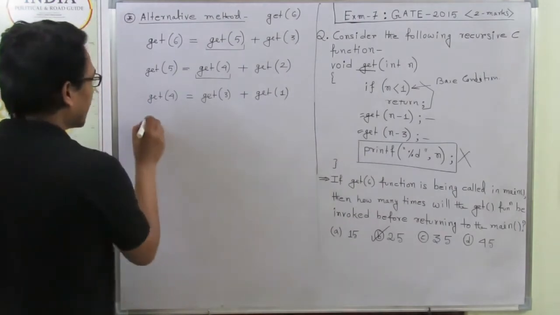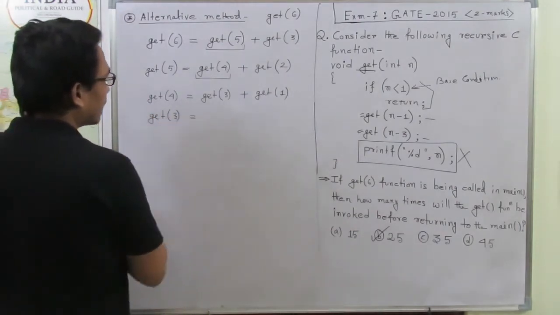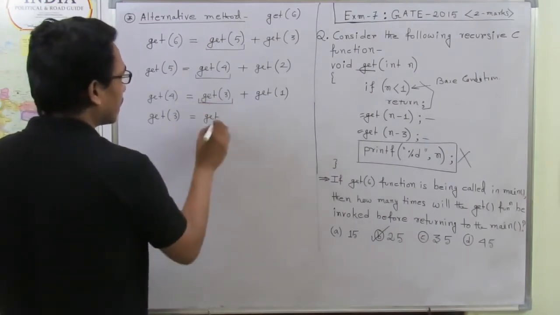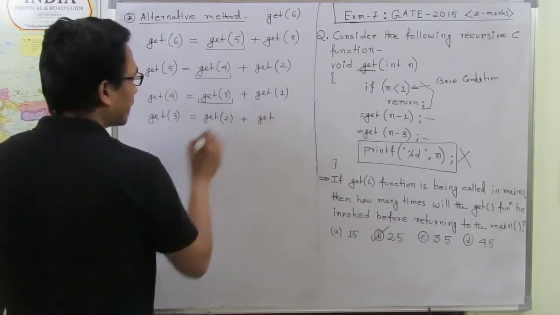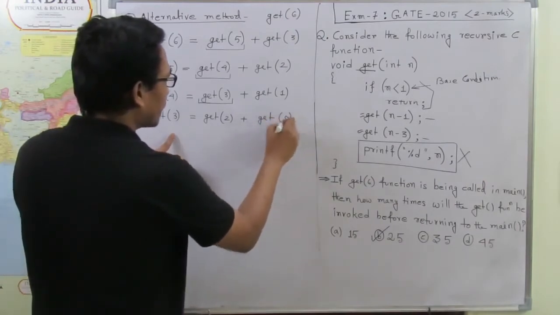Now next part is get 3. Get 3 will be get 2 plus get 0.